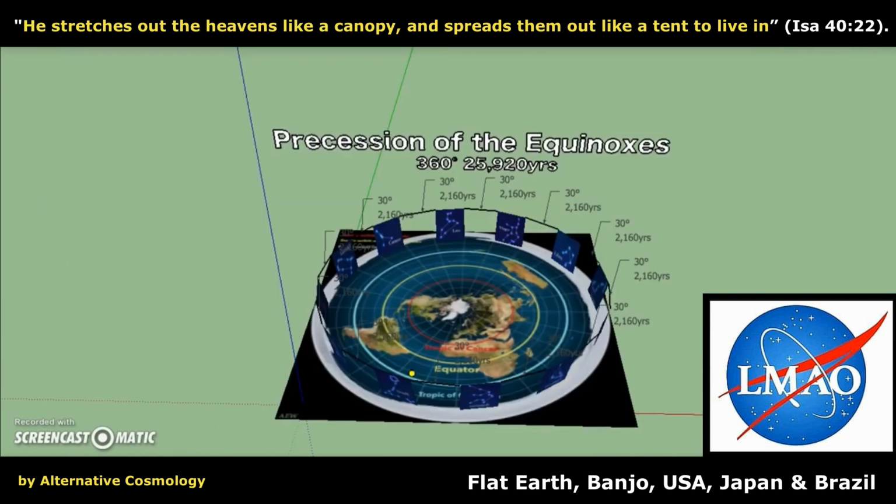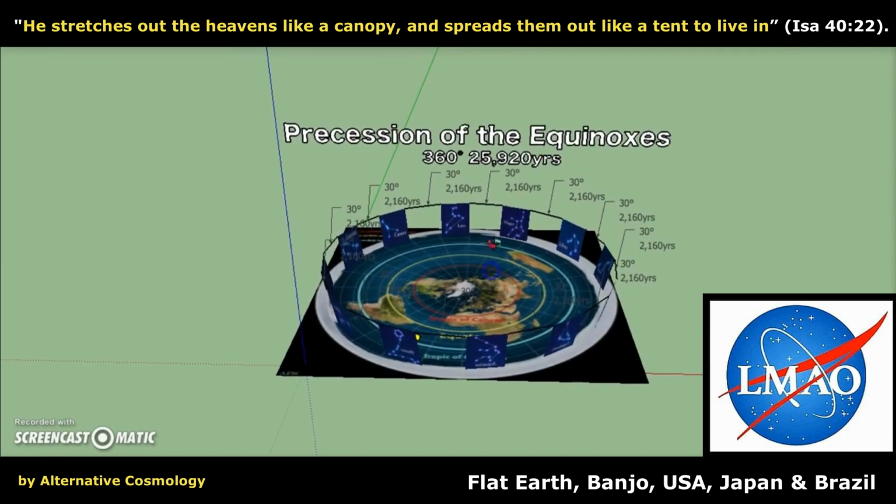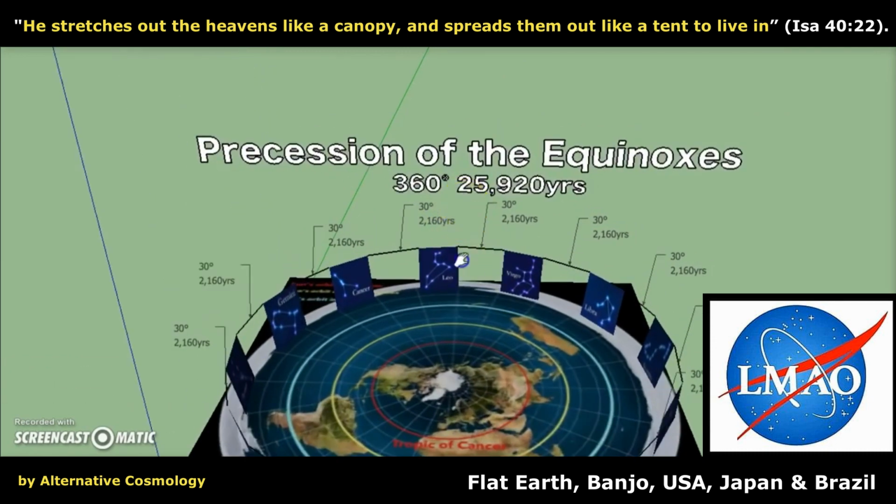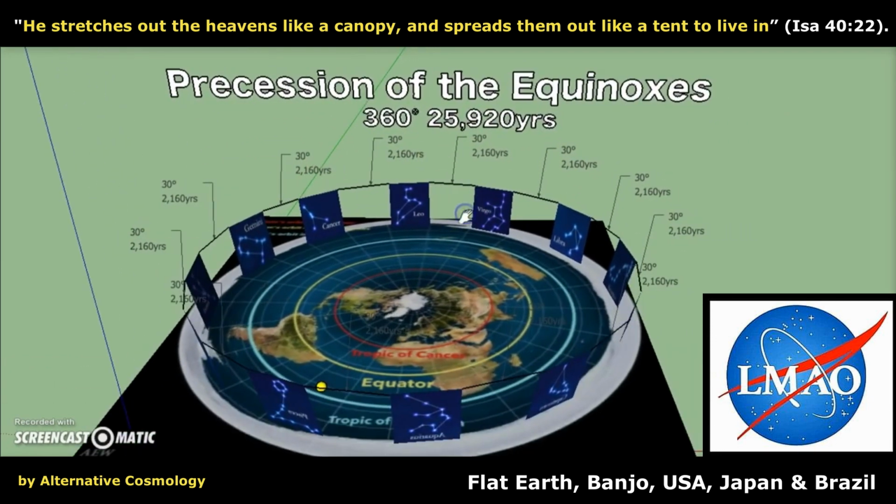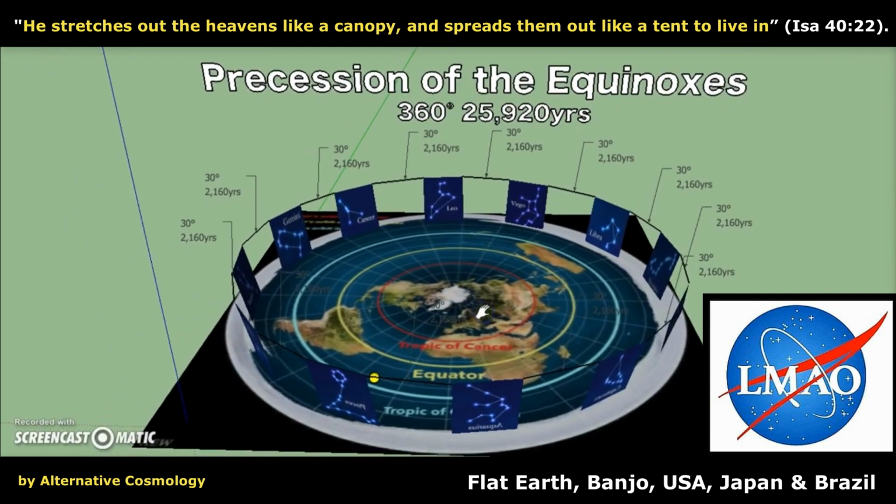We have the precession of the equinoxes, and what that basically means is precession is to move backwards or to proceed backwards, and the equinoxes, more specifically, is the vernal equinox, or March 21st. Sometimes that's March 20th.